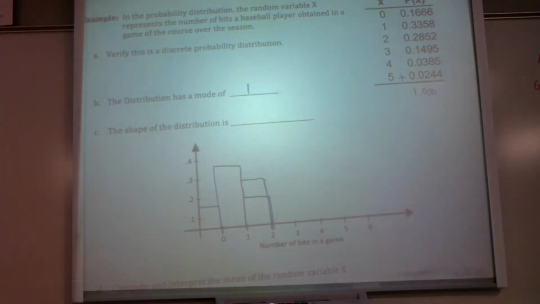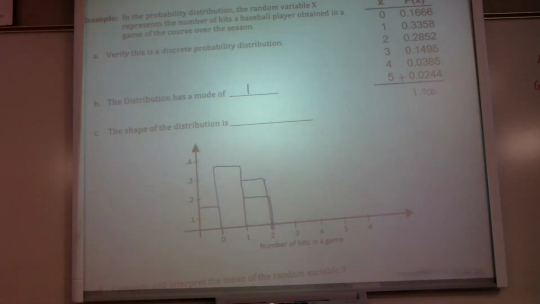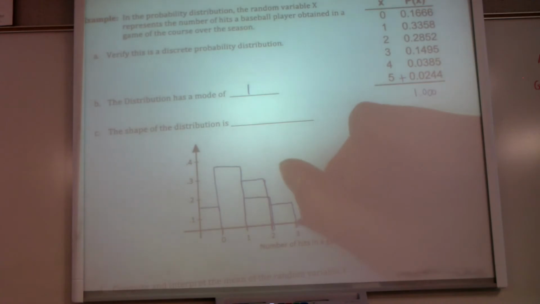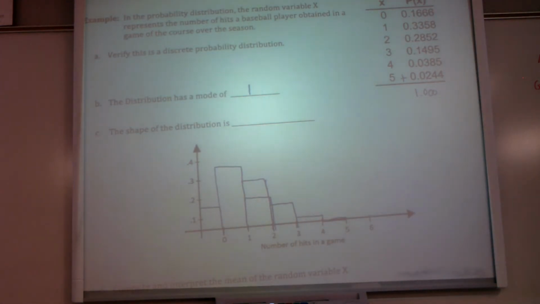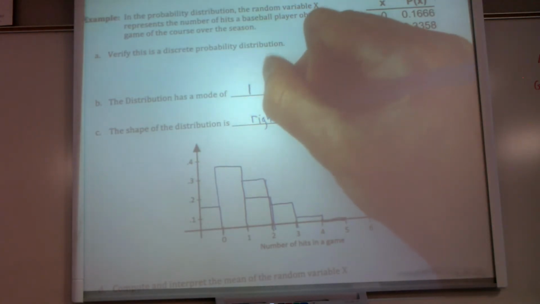My bad. 0.14 is actually, I think, more what I was going for, just barely. And then 0.03, so about 4%, and then a really low percent. What shape is that? Put up your feet. Which foot does it look like? It looks like your right foot, so that is a right skewed graph.